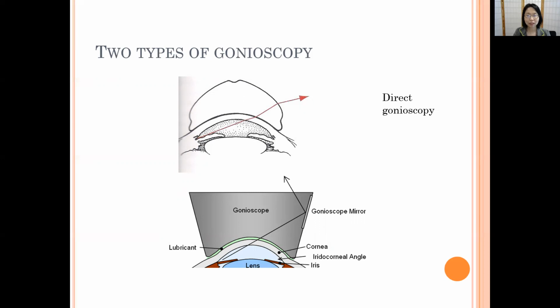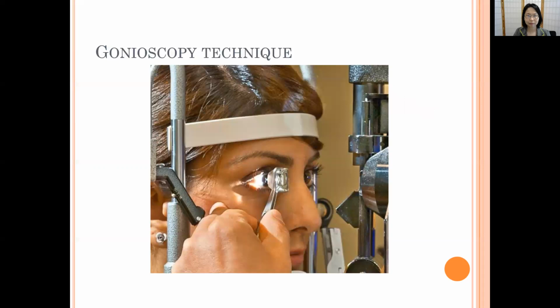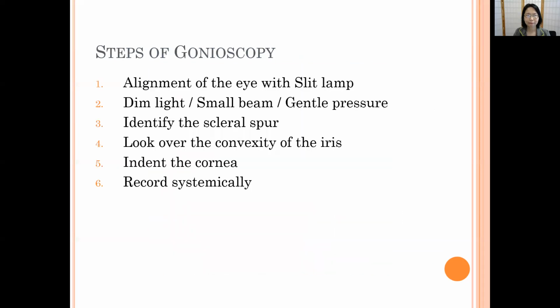What we use in the clinics is indirect gonioscopy, which has a mirror or multiple mirrors where the light can be reflected to the examiner's eye. This is a view of an examiner using an indirect gonioscopy lens. This one has a handle, and you can see that this is done at the slit lamp.